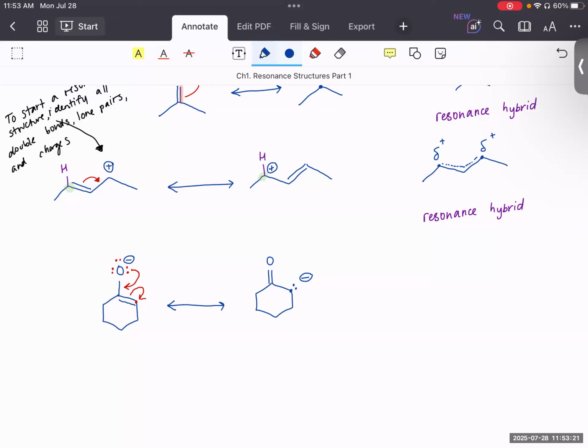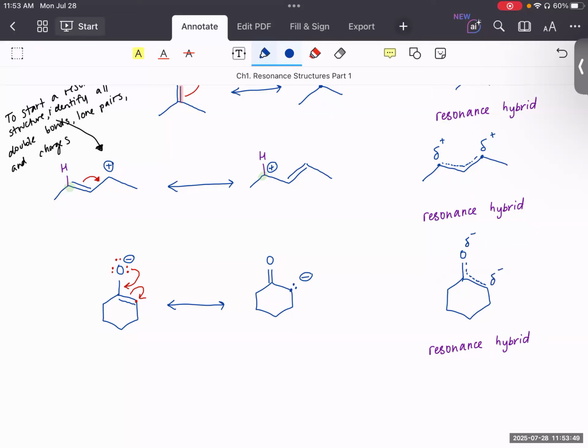All together, we can draw in a resonance hybrid. I like to think of it as almost like an average state. And we have a delta minus on the oxygen and a delta minus on the carbon.